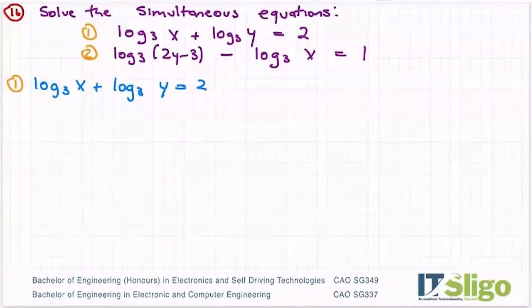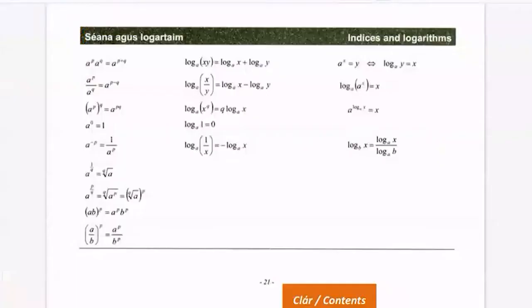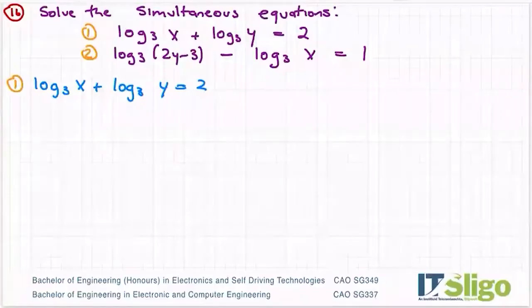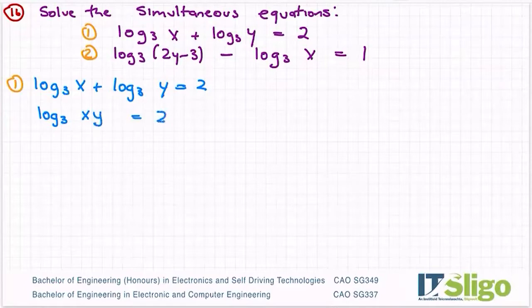I see this one has got a plus sign in the middle, so that is telling me that when the base number is the same, I multiply the two terms by each other. So this will be log to the base 3 of xy is equal to 2.